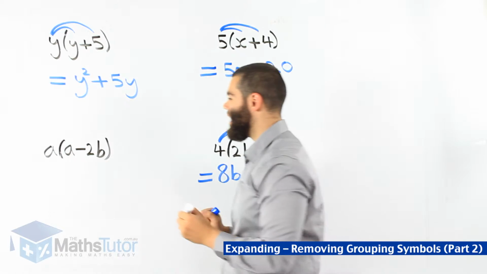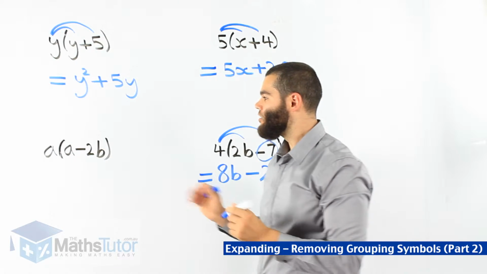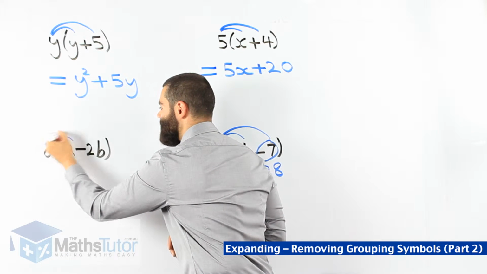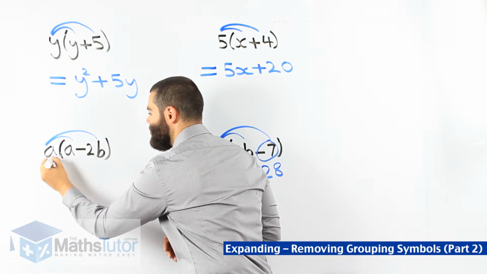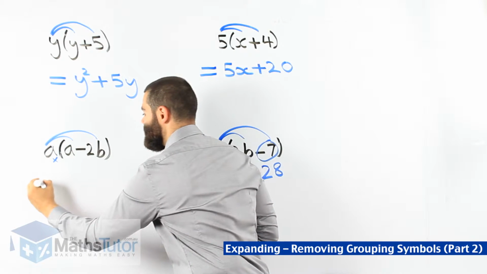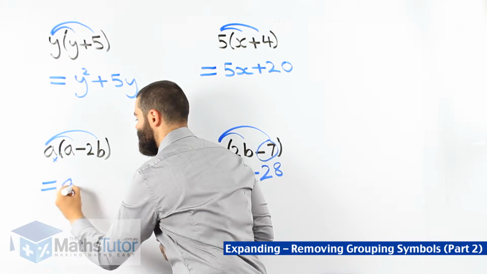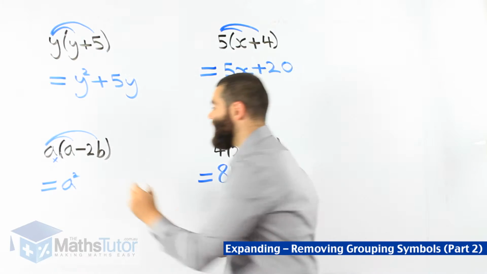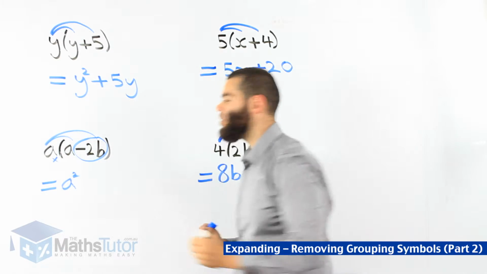We have a, then open bracket, a minus 2b, close bracket. So we know a is outside. It multiplies everything inside. We know there's an invisible times there. A times a is a squared. Then a times negative 2b, very important.